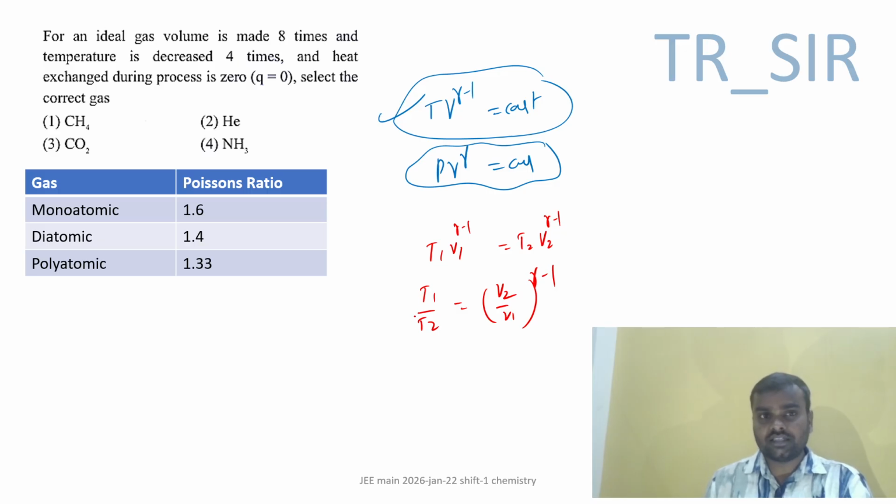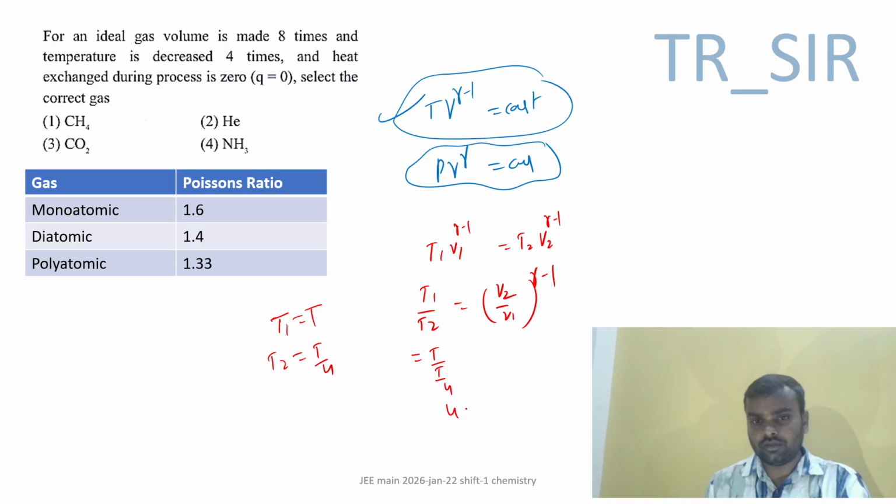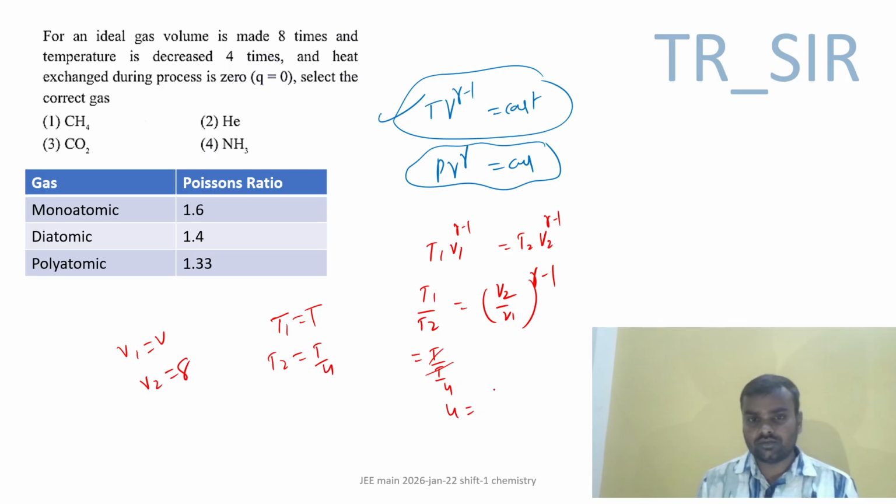So temperature is decreasing. That means T1 is equal to T and T2 is equal to T by 4. That means what happened? T by 4, 4 will go up, T cancels out. Now here V2 by V1 is equal to 8.